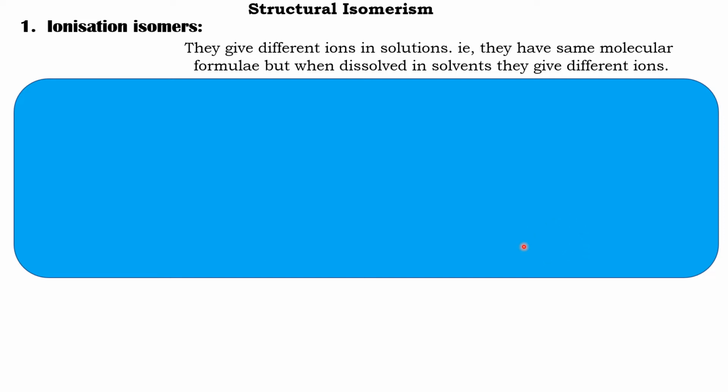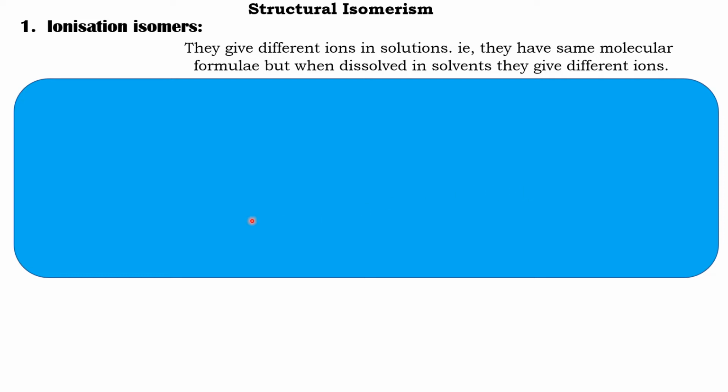That means these two isomers give different ions in their ionization stage, that is, when dissolved in water. This type of isomerism, which gives different ions when a coordination compound is dissolved in water, is called ionization isomerism.